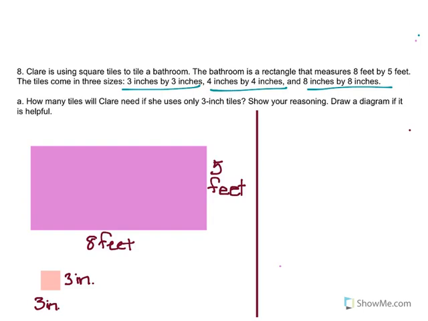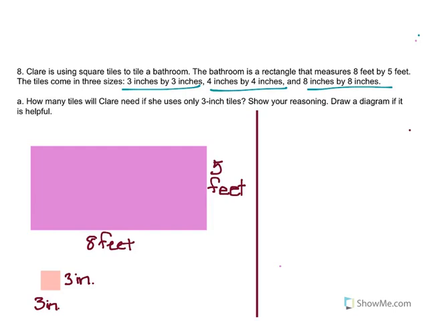Show your reasoning and draw a diagram. So I also drew a 3-inch by 3-inch tile. So basically what I need to find out is how many of those tiles will it take to cover the entire bathroom floor.